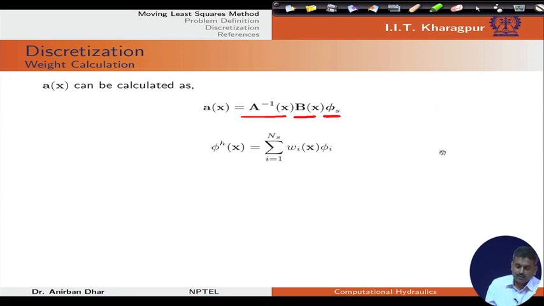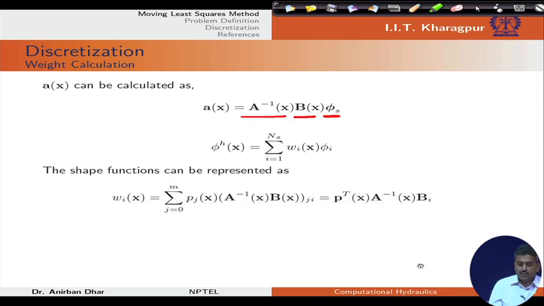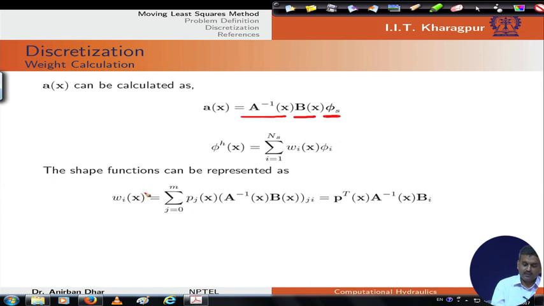In this case we can represent this omega I, this is x into phi I, number of points in the support domain, and omega I can be represented as p transpose A inverse Bi, because we are considering only one I in this case.